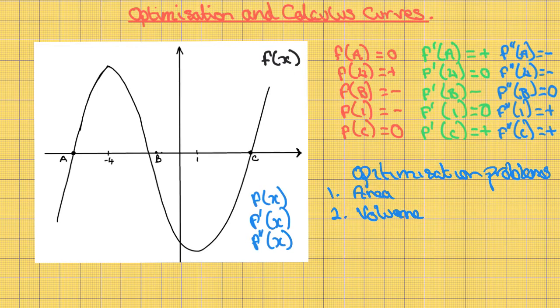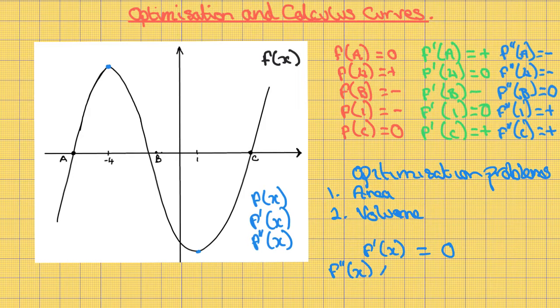Now you find the local maximum or minimum by putting f dash of x equal to 0. You can decide whether it is a maximum or minimum by using f double dash of x.